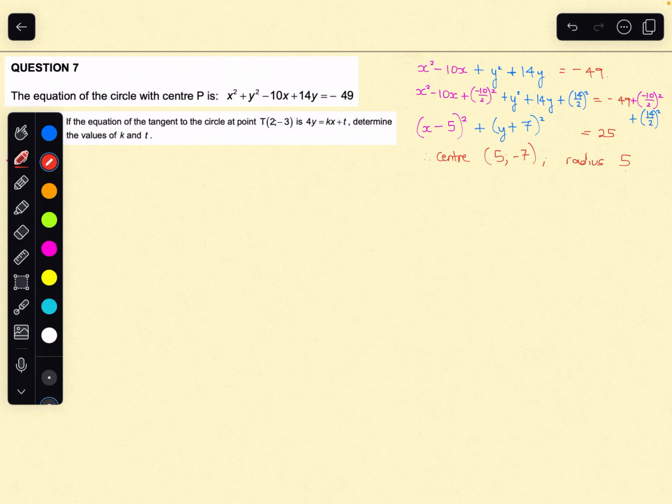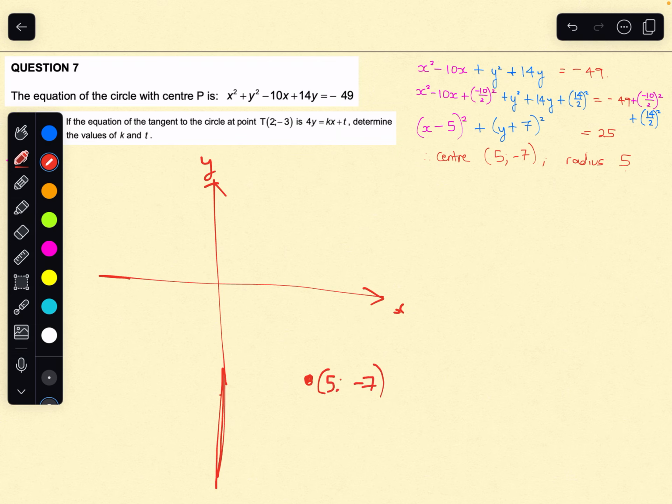Okay, so we have a circle, and this circle has center (5, minus 7), so maybe somewhere down here. So this is (5, minus 7), and the radius is 5.